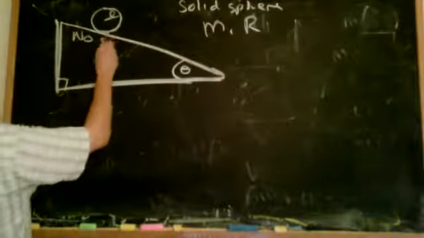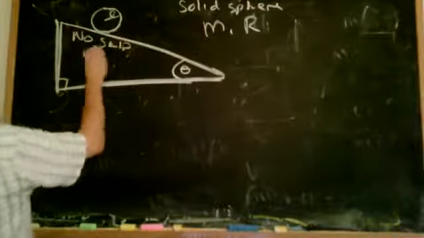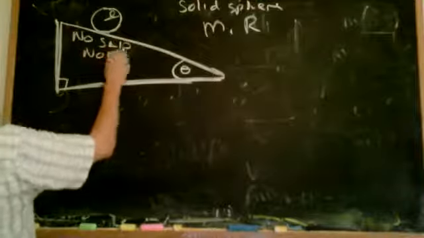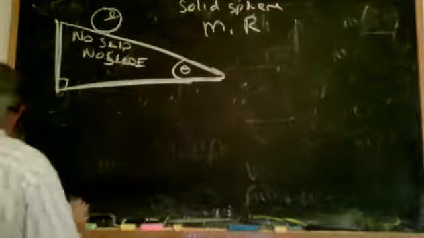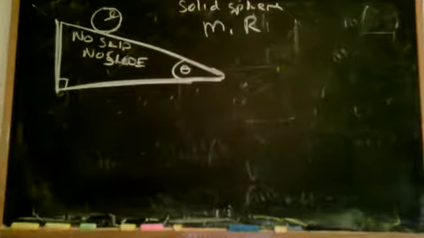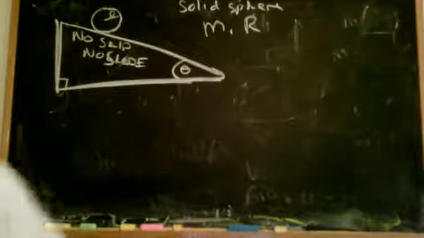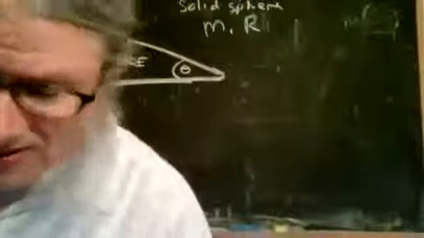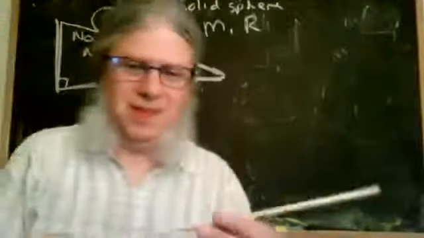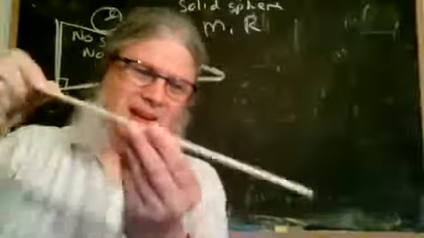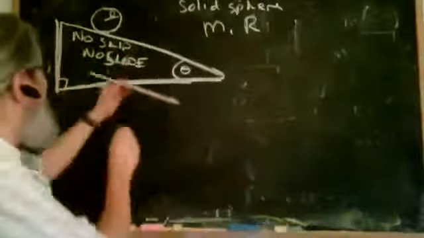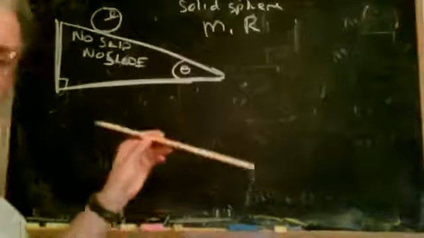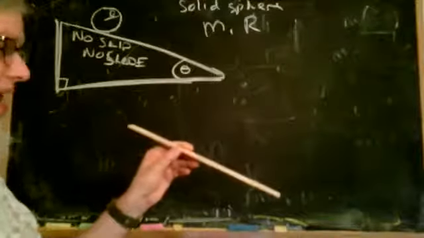So I stick it on there, and this is important. No slip, no slide. So I actually can demonstrate this, believe it or not, if I get my angle right. I have here a ramp, which I'm making out of my hand and this ruler.